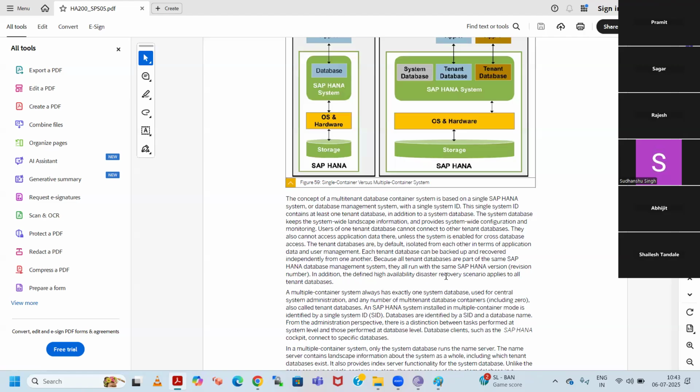If you try to do something in that, it will give the implication that you have not worked on it, you have just seen the theory. Any consultant who has worked with system DB and tenant will blindly give the answer that with just a system DB it is of no use. The actual business data gets stored in the tenant only.